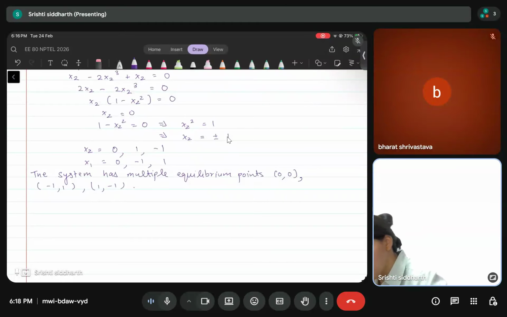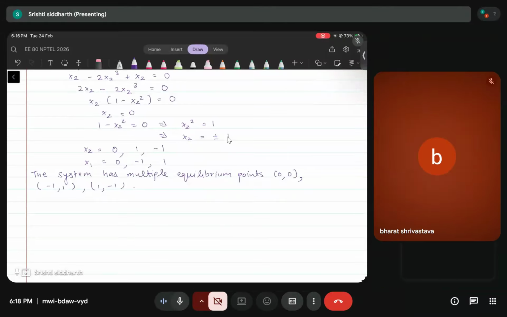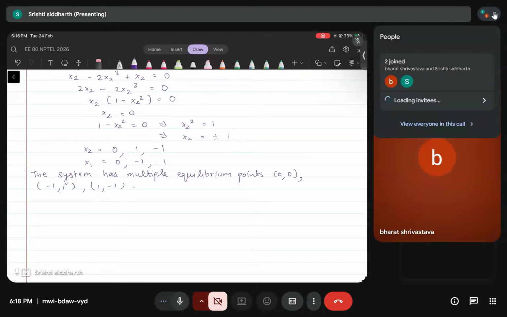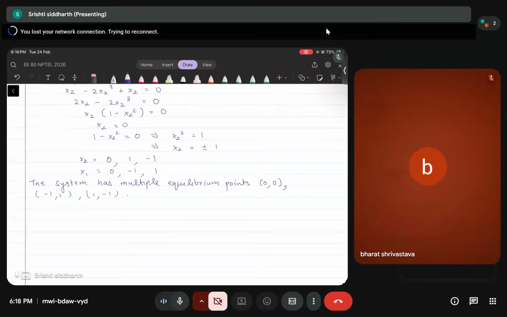That is the general definition for positive definiteness. For semi-definiteness, it is V of x greater than or equal to 0 for x non-zero.